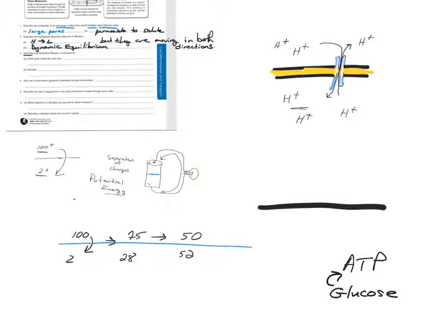Glucose makes ATP, then we can use the ATP to move things from low to high. Now we can recharge that membrane. So we want it to come down. We want to discharge it. It's called discharging. But after we've discharged it, we want to do what? Recharge it.